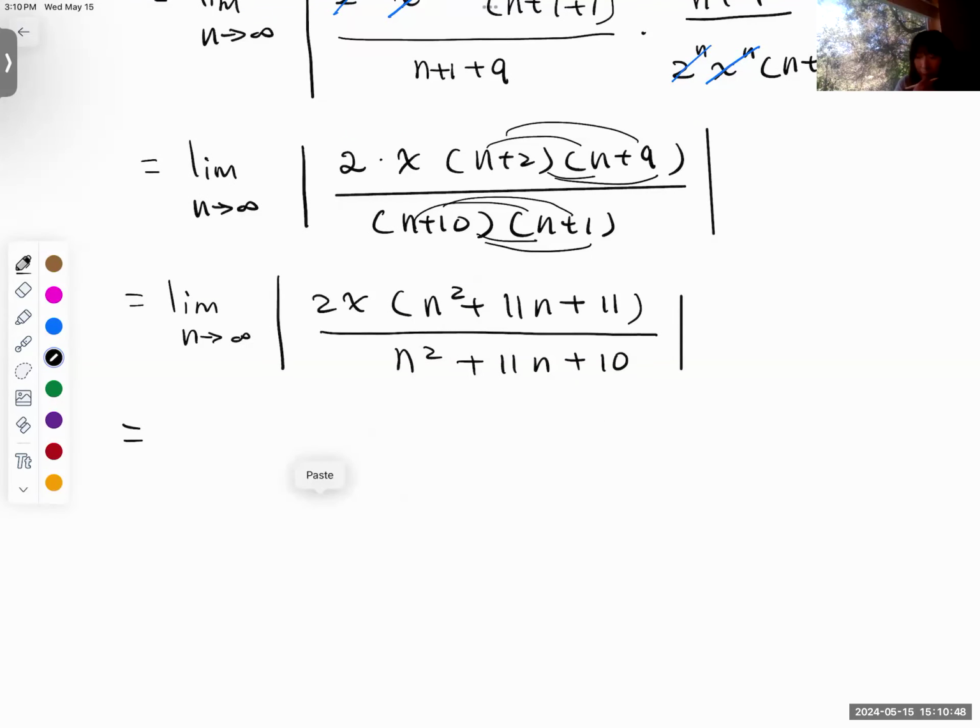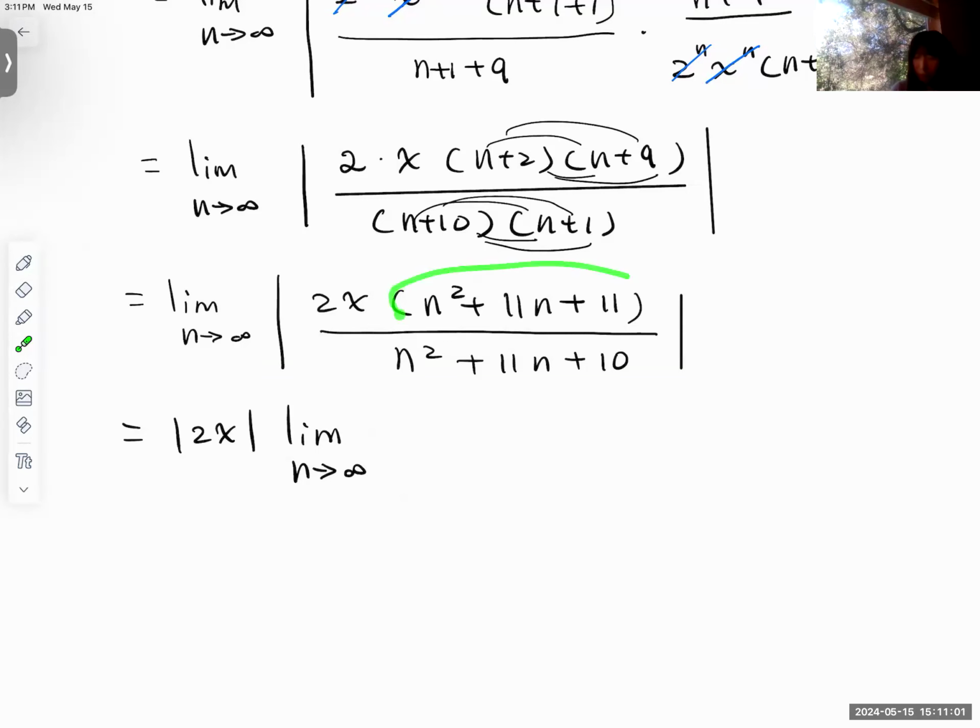So we have 2x. So 2x does not have an n, so we take out 2x. And then the limit as n approaches positive infinity. Okay, so we have terms. We take the dominant terms from numerator and denominator respectively, right?